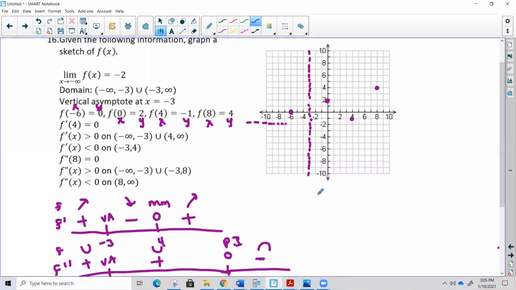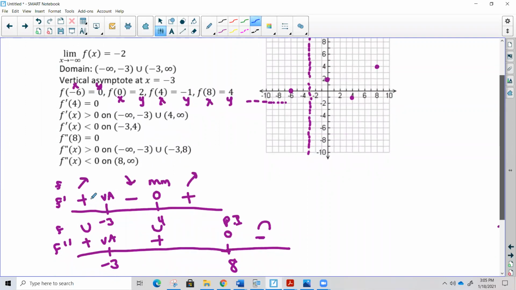Okay. So I know my function is increasing and concave up until I get to my vertical asymptote of -3. And I know it goes through this point, -6. And because it's going through -6 and it's increasing, it's not going to go below this line here.